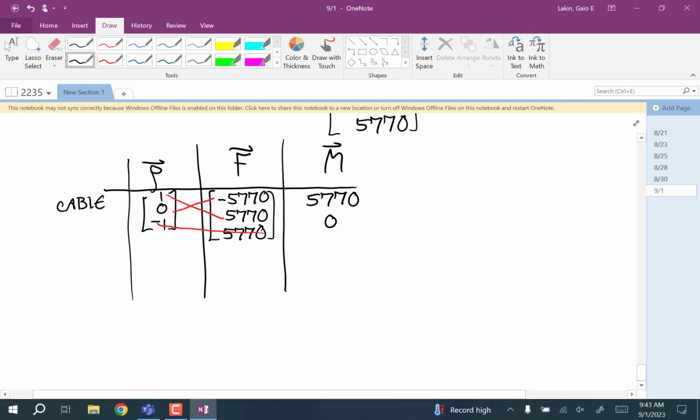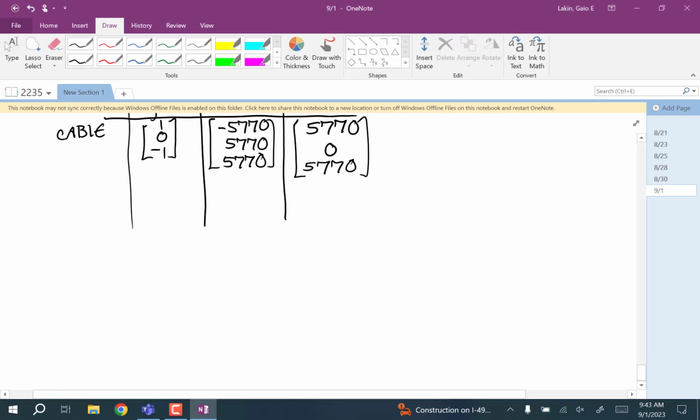So this one is positive 5770. But you can see I'm a good candidate for just typing that into my calculator. Any questions about that? So this approach works exactly the same for 2D and 3D. That's a nice thing about it.